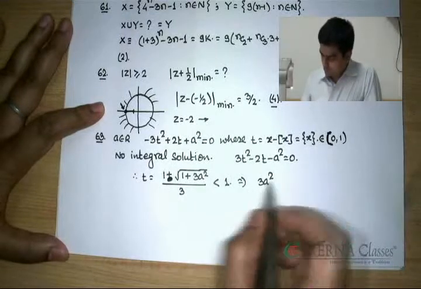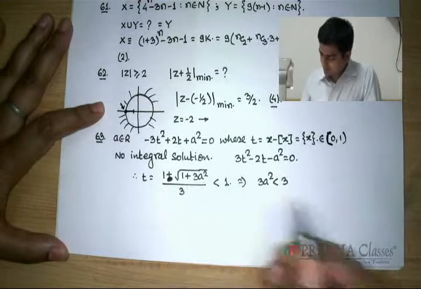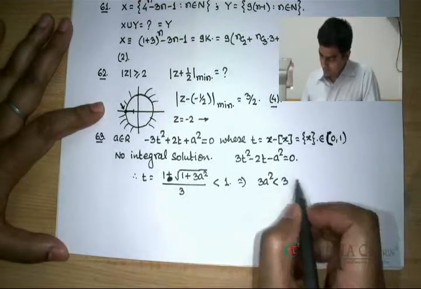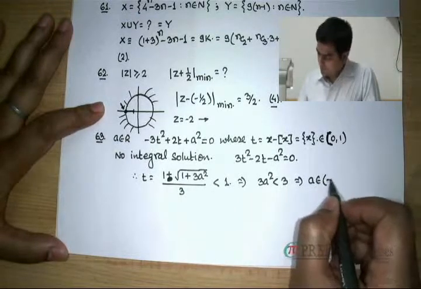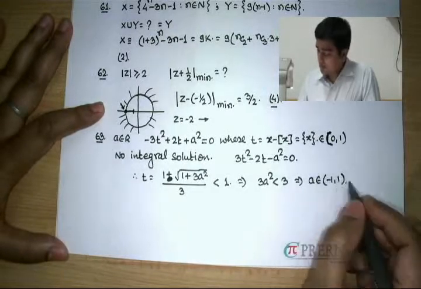If we need to solve this equation, you will find that then 3a square has to be lesser than 3, after squaring it up and all, solving which we end up getting the final solution as this.